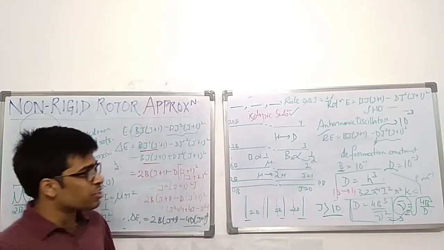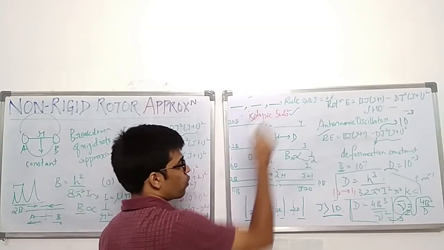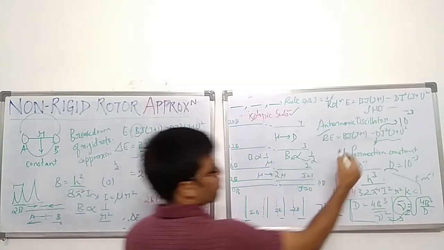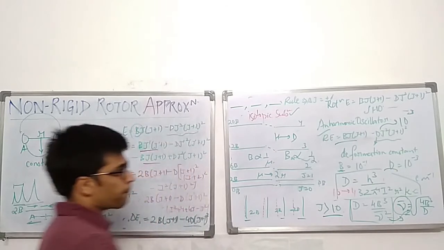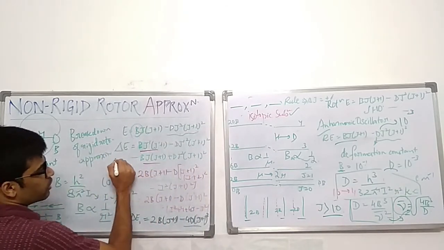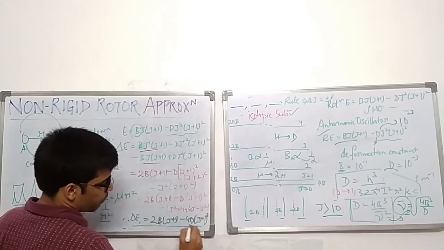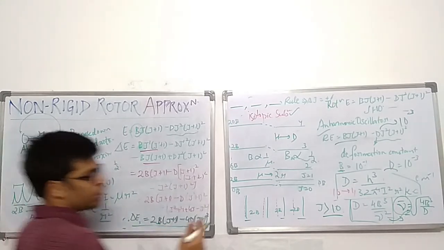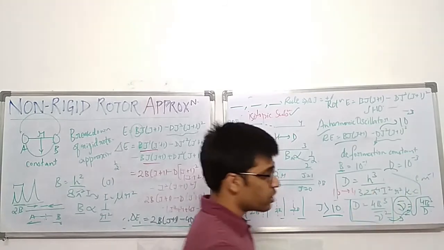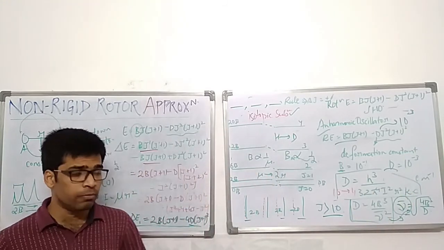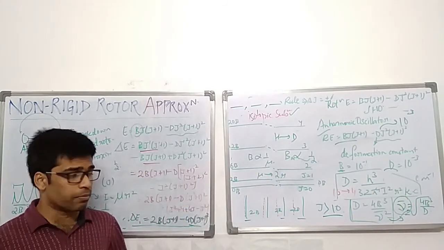So in that case, you would have to devise 3 equations using this formula. You will get 3 equations, and from there you can find B and D, and then use it to find the vibrational frequency. This kind of questions can come in the exams.